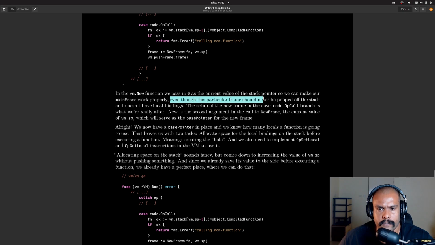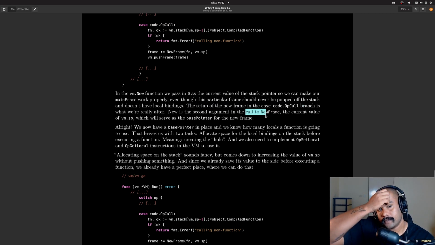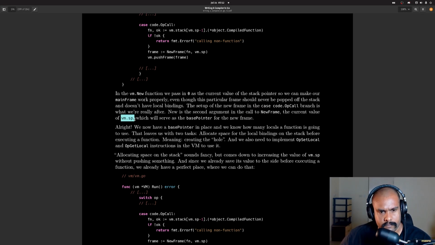Even though this particular frame should never be popped off the stack and doesn't have local bindings, the setup of the new frame, in the case code.OpCall branch, is what we're really after. Use the second argument in the call to NewFrame, the value of vm.sp, which will serve as the base pointer for the new frame.